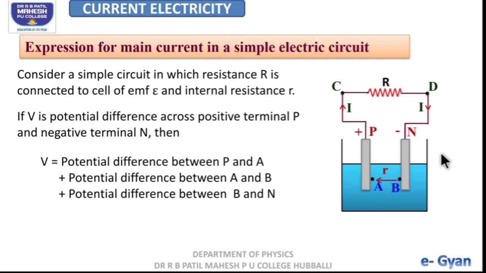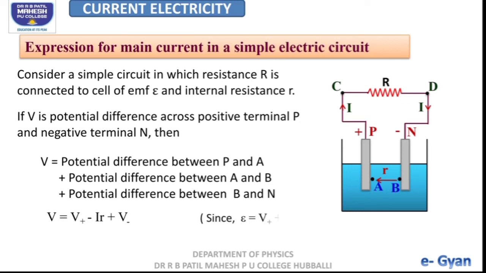Putting all these values, we get potential difference across terminals of the battery, that is V plus minus I into r plus V minus. Why minus I into r? Because current is flowing from negative electrode to positive electrode inside the cell. Hence, potential drop is taken as negative.